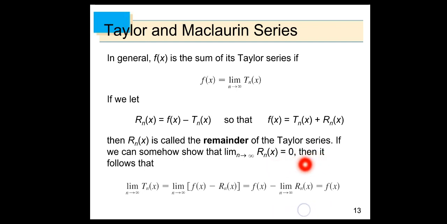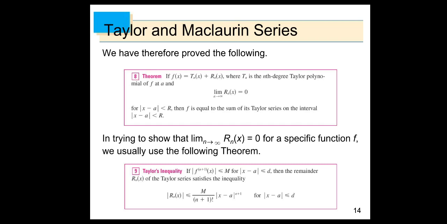So we have therefore proved the following: if f of x is equal to T sub n of x plus R sub n of x, where T n is the nth degree Taylor polynomial of f at a, and the limit of R sub n of x is equal to 0 as n approaches infinity, then f is equal to the sum of its Taylor series.